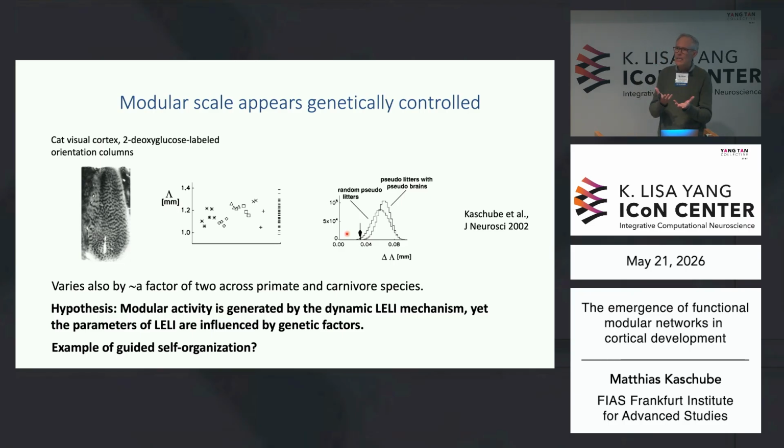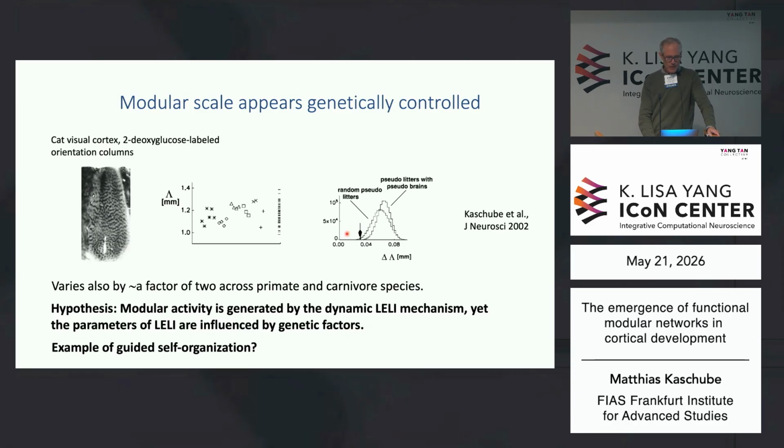So basically, the Lilai mechanism, this lateral interaction, generates this modular, nearly periodic structure, but then under genetic control, maybe the range of lateral interactions, for instance, by controlling the size of the dendritic arbors or the range of axons, and so basically by controlling the parameters that determine at the end the specific spacing, right? But the emergence itself of the pattern is via this self-organization mechanism.